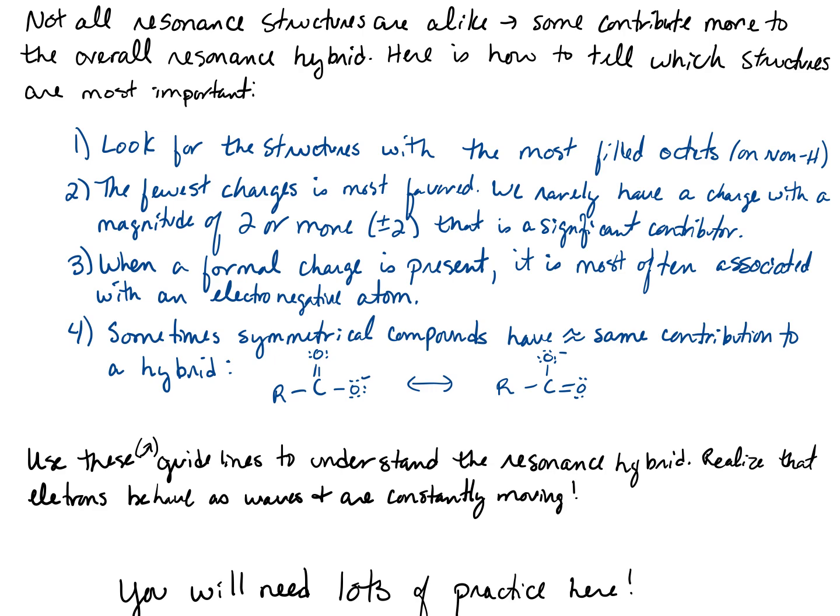Point number 3, when a formal charge is present, it's most often associated with an electronegative atom. So it's much more common to see a negative charge on an oxygen than a carbon, for example. Okay. And then sometimes we have symmetrical compounds that have about the same contribution to a hybrid.